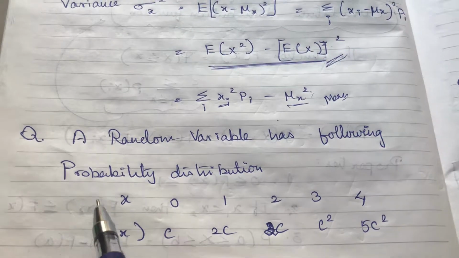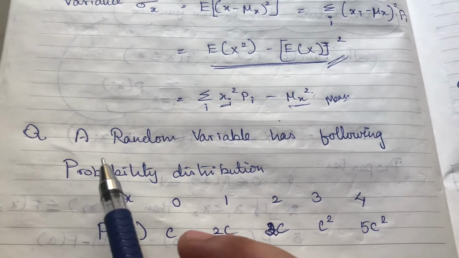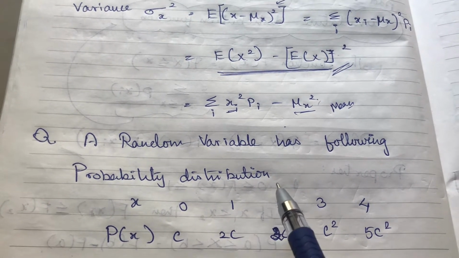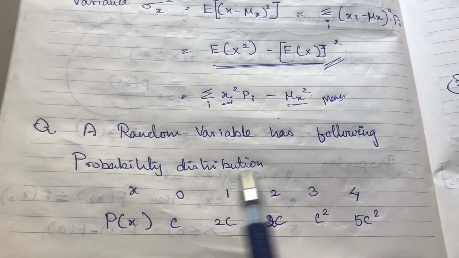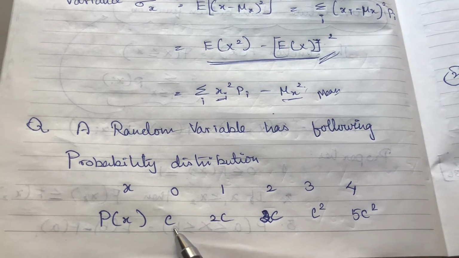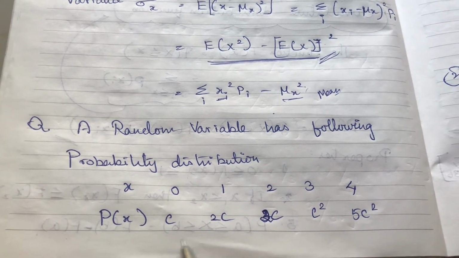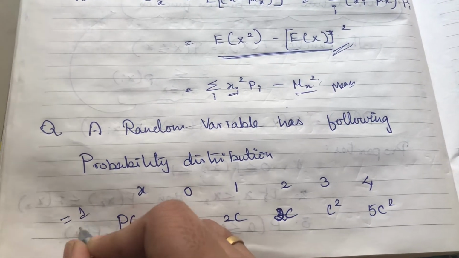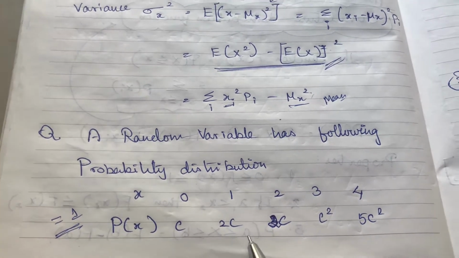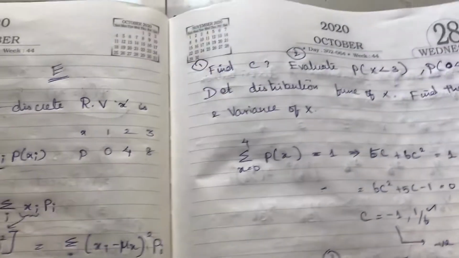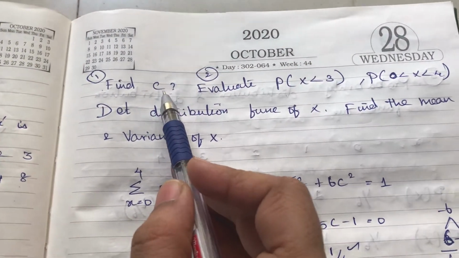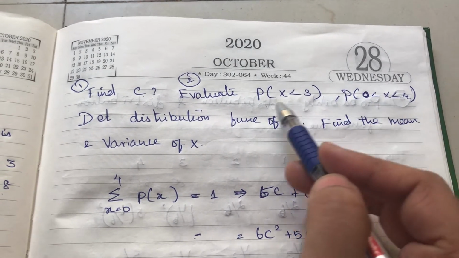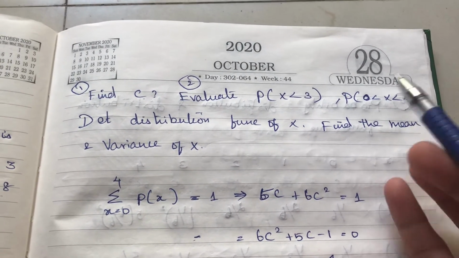Okay, so let's see a problem here. A random variable has the following probability distribution. First of all, we need to find the constant C. For that purpose, we need to equate this equation to 1, then only we can find C. So they are asking first to find C. Then they have given some limits: x should be less than 3, and 0 to 4 likewise.